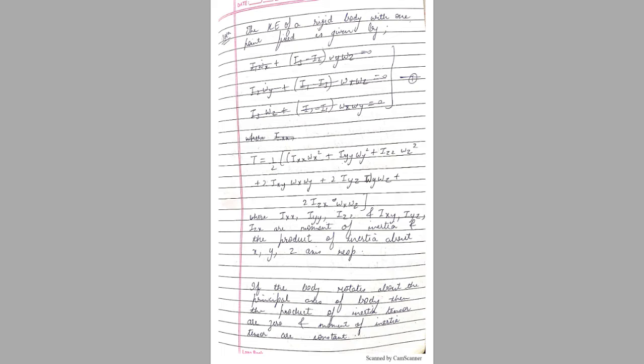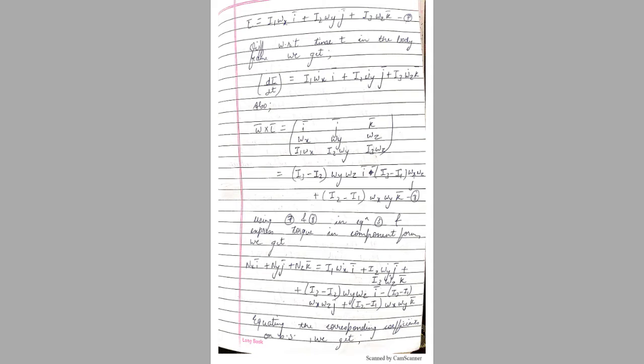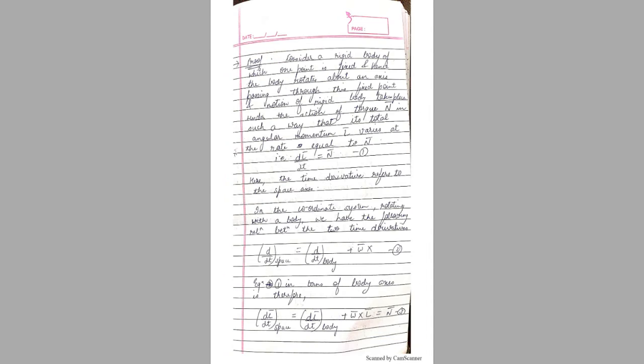This also I have covered. So one more thing you should remember, that when I consider a body which is rotating along the principal axis, then in the matrix which corresponds to the moment of inertia tensor, we had only diagonal elements, right? See, if you don't remember, I will let you know.